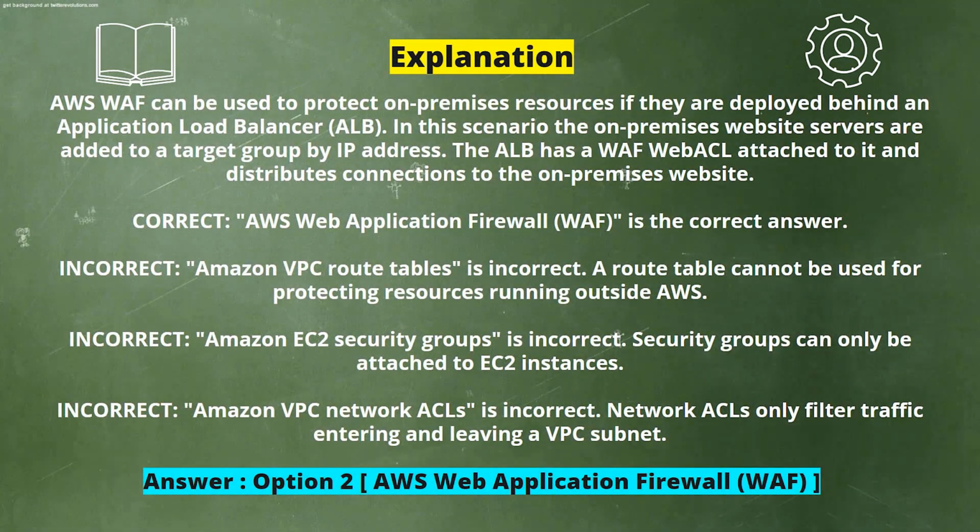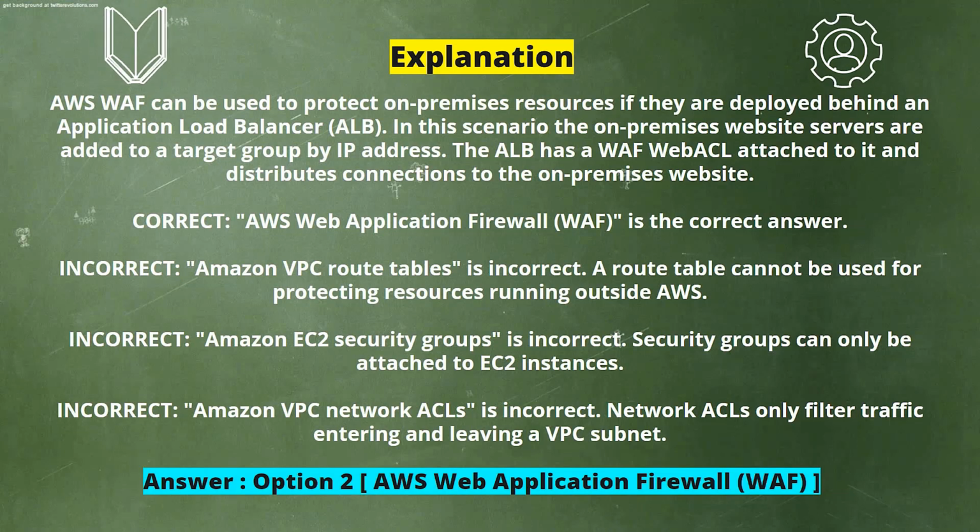Explanation. AWS WAF can be used to protect on-premises resources if they are deployed behind an application load balancer, ALB. In this scenario, the on-premises website servers are added to a target group by IP address. The ALB has a WAF web ACL attached to it and distributes connections to the on-premises website. Correct, AWS Web Application Firewall, WAF, is the correct answer.